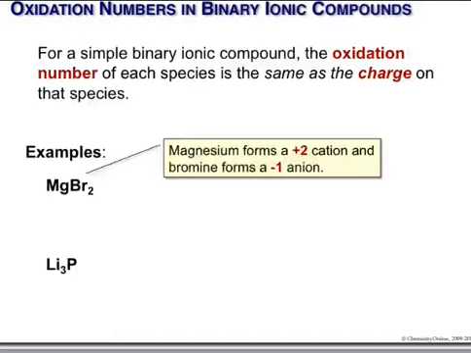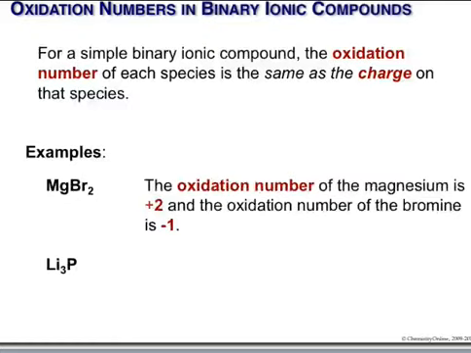Therefore, we could say its oxidation number is +2. Bromine is a -1 anion. Therefore, the oxidation number of bromine is -1. Simply the charge. Fancy word for the charge.